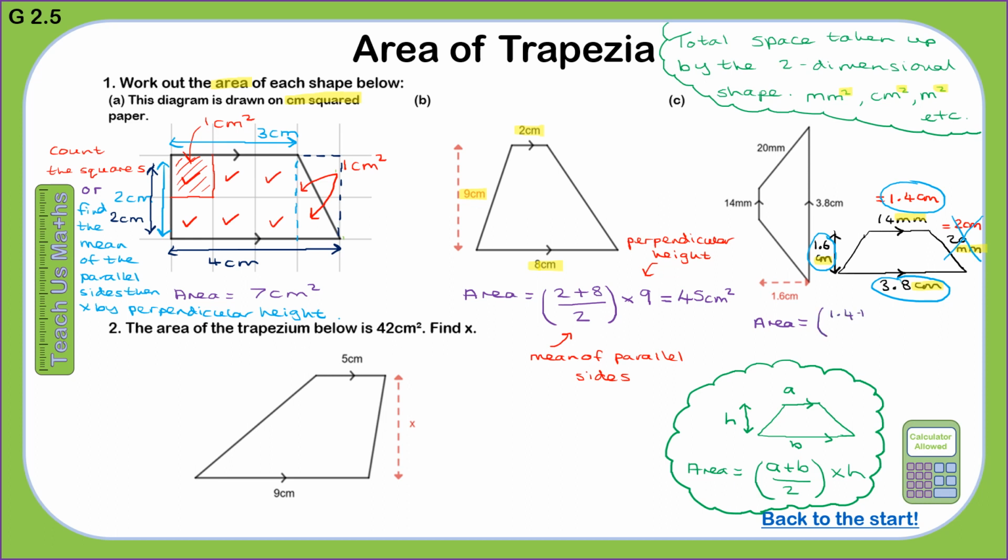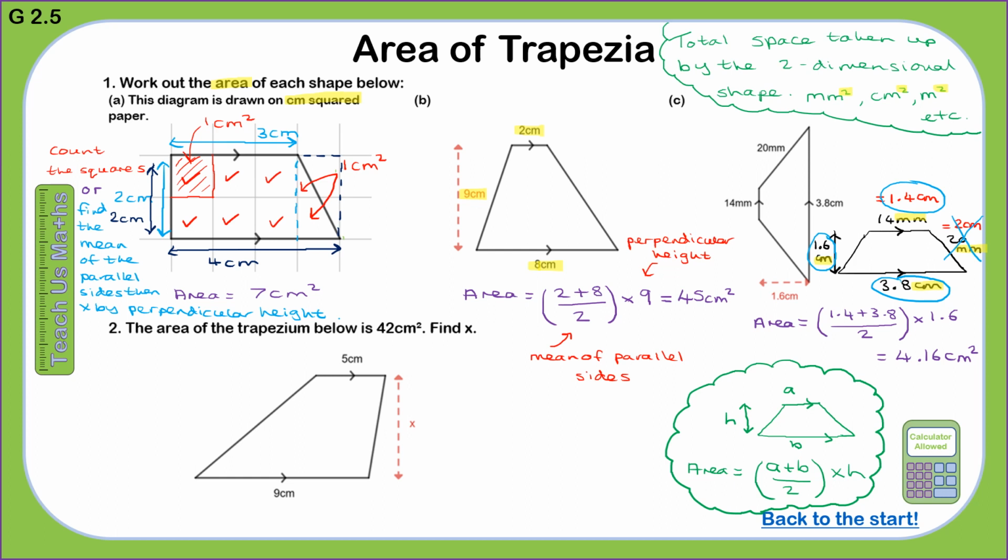This finds the mean of the parallel sides, and then multiply this by the perpendicular height, 1.6 centimetres, giving us an area of 4.16, and because we have been using centimetres throughout, the units for our area are centimetres squared. If you chose to use millimetres throughout this question, then you would have got an answer of 416 millimetres squared for the area. Both of these answers are equivalent to each other.